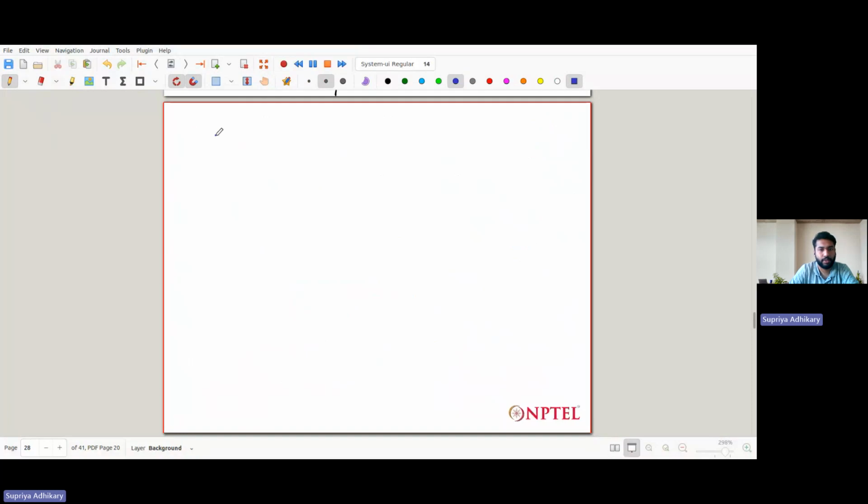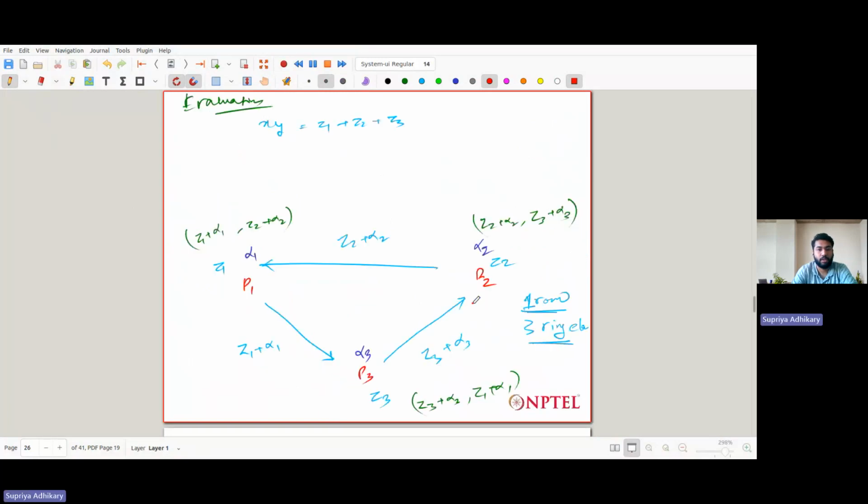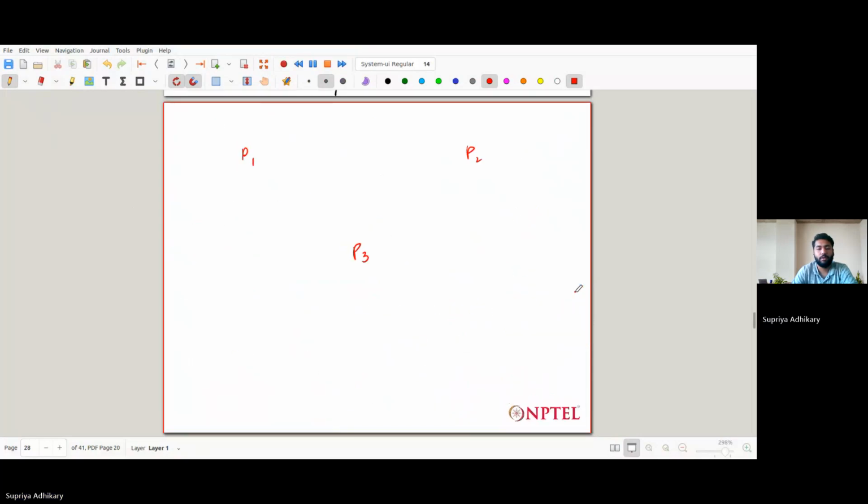Now let's come to the evaluation phase. In the evaluation phase, P1, P2, P3 all have their shares. Now to compute this multiplication circuit, as we have seen, computing any multiplication circuit needs 1 round of communication, with three ring elements communicated in that round.